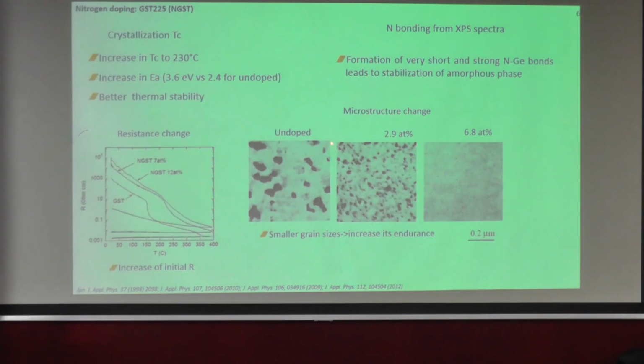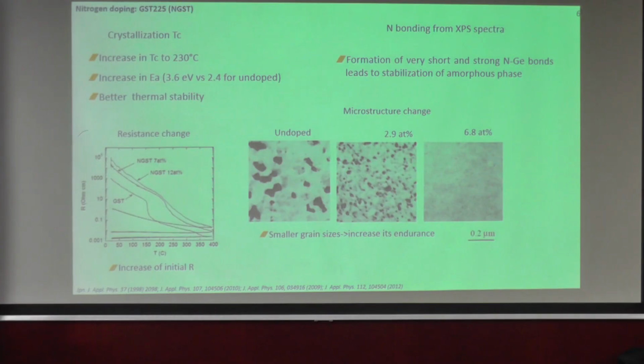Then the microstructure is also changing. If you introduce nitrogen as the dopant, then the grain size of your crystalline material is reduced a lot, and so it also influences the endurance of your phase change devices.